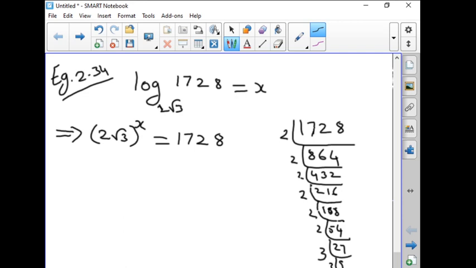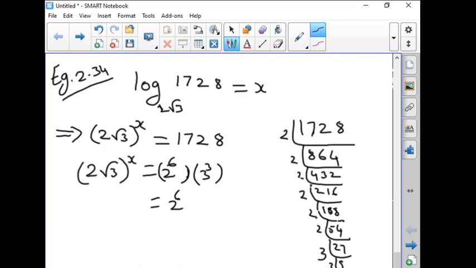So how will you write this? 2 root 3 power x is equal to, how many 2's are there? 1, 2, 3, 4, 5, 6. So 2 power 6 into 3 power 3. Actually, we can write this as 2 power 6 into root 3 power 6. Can we write?